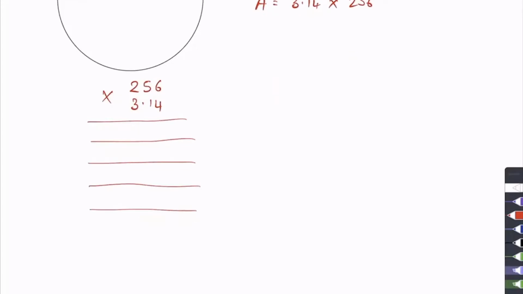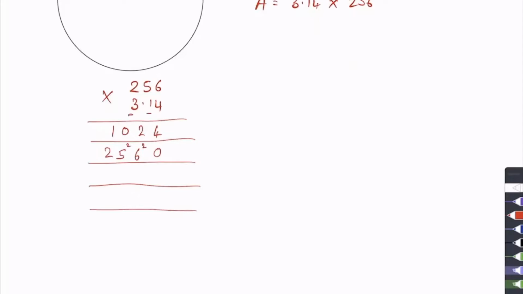So 4 times 6 is 24, carry the 2. 4 times 5 is 20, add the 2, which is 22. 4 times 2 is 8, add the 2, which is 10. I then move on to the 1, it's a new number, so I must start a new line. Every time I start a new line, I start with a placeholder 0. 1 times 6 is 6, 1 times 5 is 5, and 1 times 2 is 2.